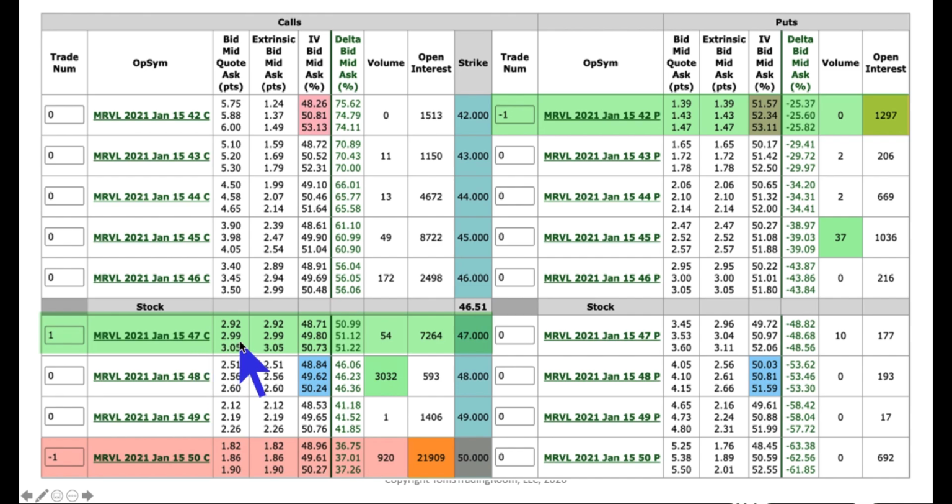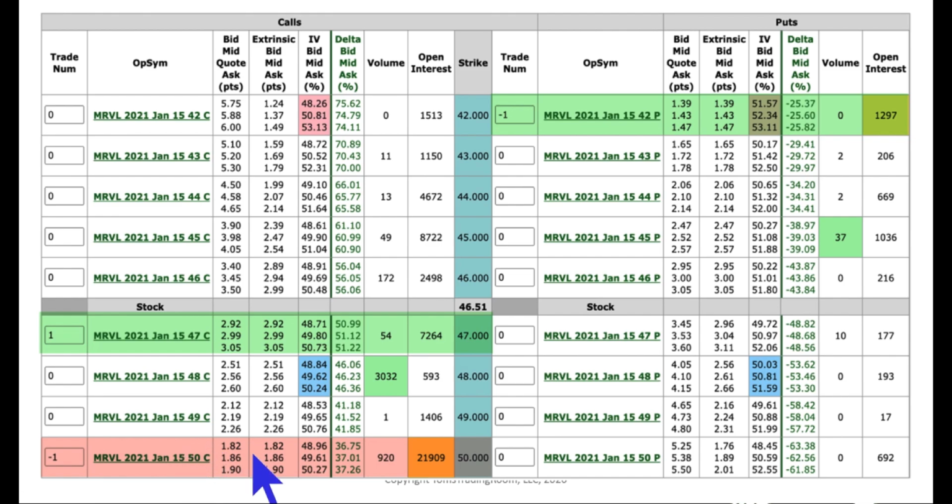So we're going to need MRVL to move 7% just to break even. Why not take a move that's 7% and sell 7% higher to help fund the purchase? In this case, we could buy the lower strike call, sell the higher strike call, and put on a trade that can be profitable if we hit 50.